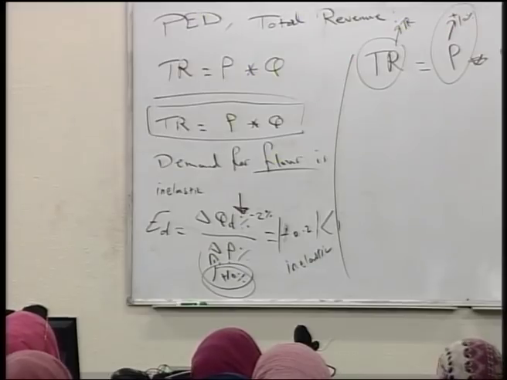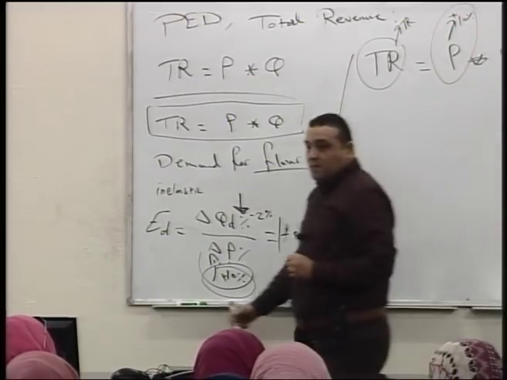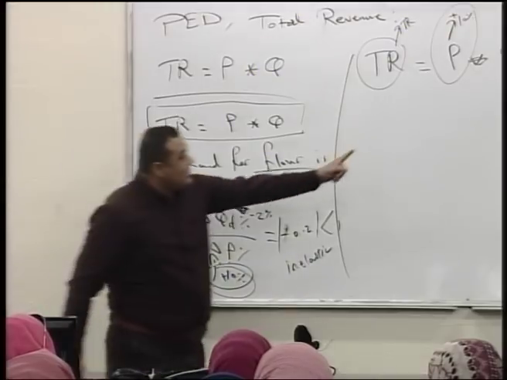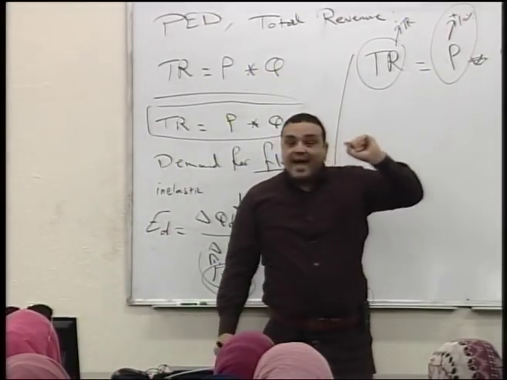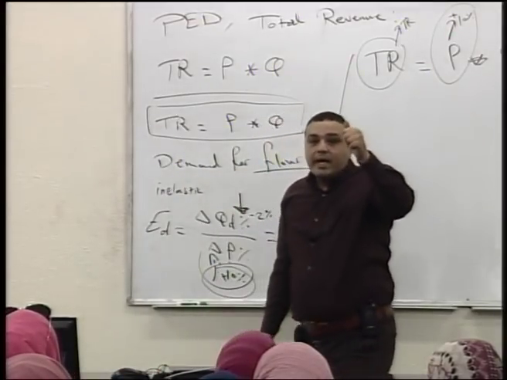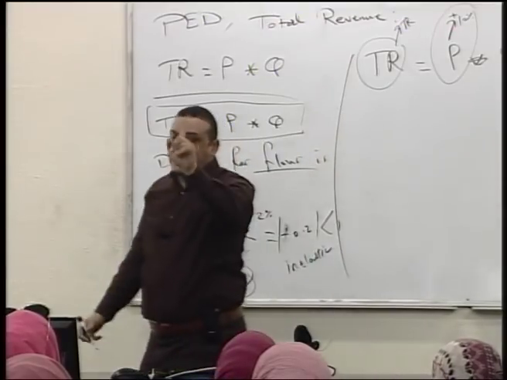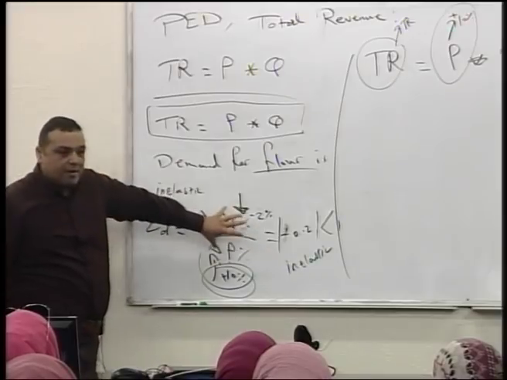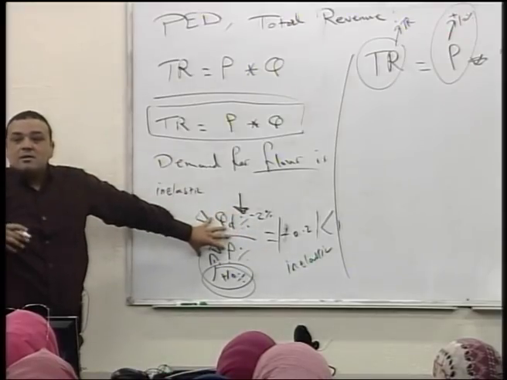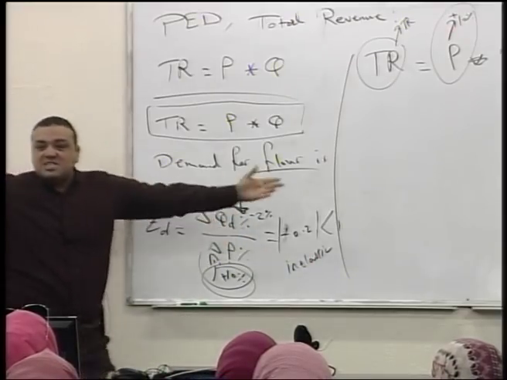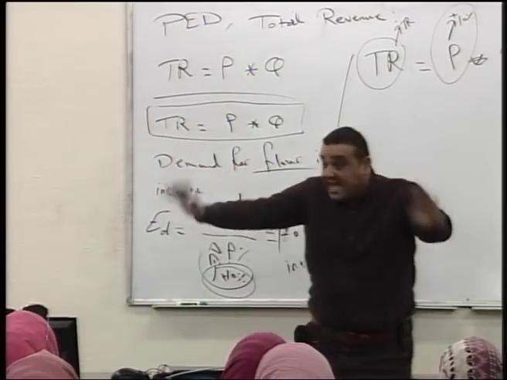Isn't it clear? Which has the higher effect? The rise in the price. So if the demand for the product was inelastic, like the demand for flour here, to increase the total revenue, what is your advice to the producers? Exactly.